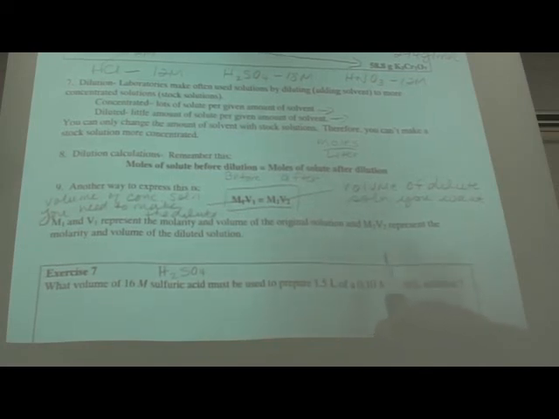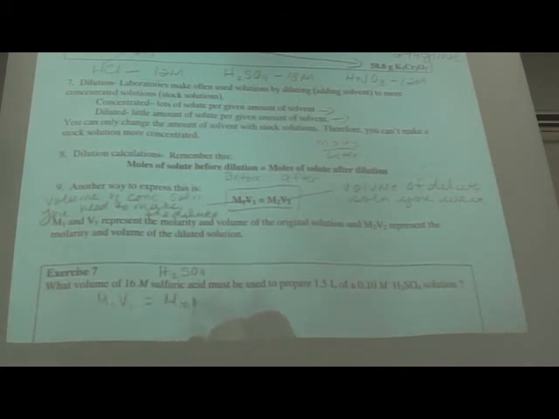What volume of 16 molar sulfuric acid, the formula of which is H2SO4, must be used to prepare 1.5 liters of 0.10 molar H2SO4? Okay, so M1V1 equals M2V2. M1 is 16 molar.